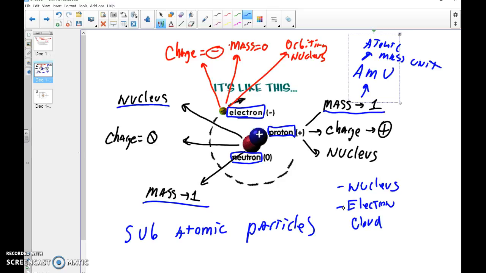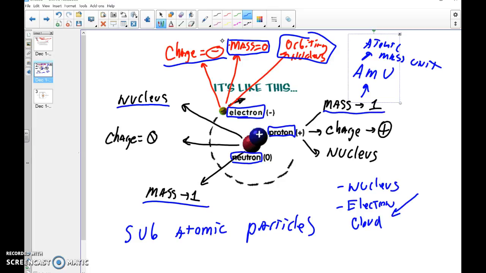And electrons have a negative charge. Right here you can see they have a negative charge. Electrons are orbiting the nucleus in this cloud right here. And electrons have an effective mass of 0. They do have mass, but the mass is so ridiculously small that we effectively refer to it as 0.